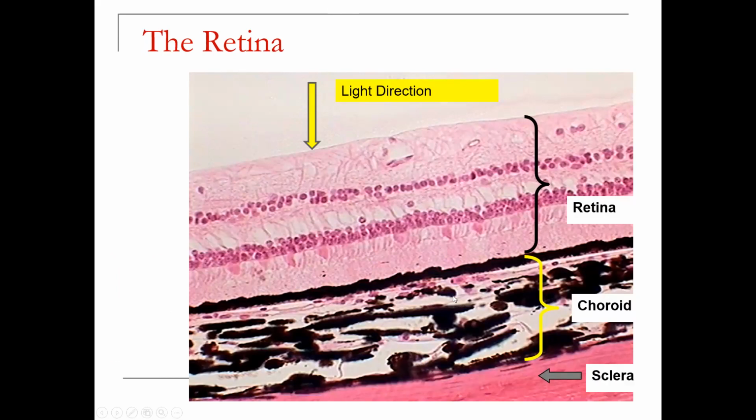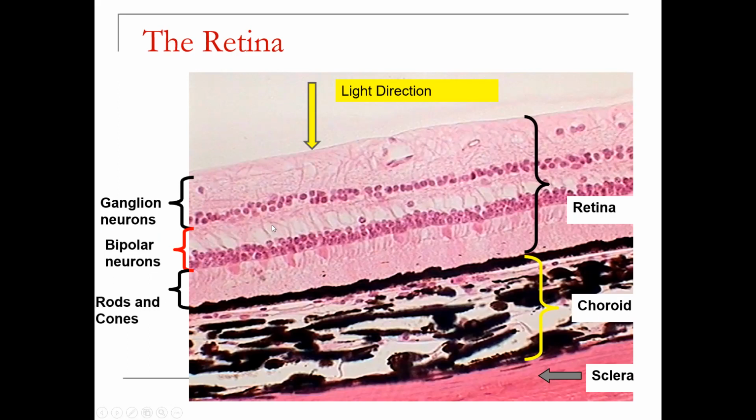Now, the light comes in here. Our bipolar neurons are located here. And our rods and cones are located here. So light comes in this way. And it turns out this is a pretty good design because as the rods and cones become stimulated, they tend to warm up. And where they're located underneath the bipolar neurons and the ganglion, they can dissipate that heat directly into the bipolar neurons or directly into the choroid layer.